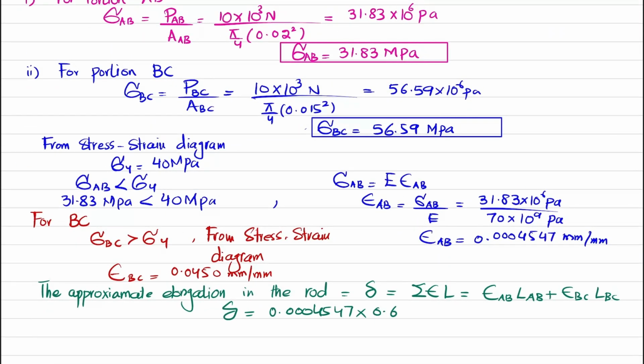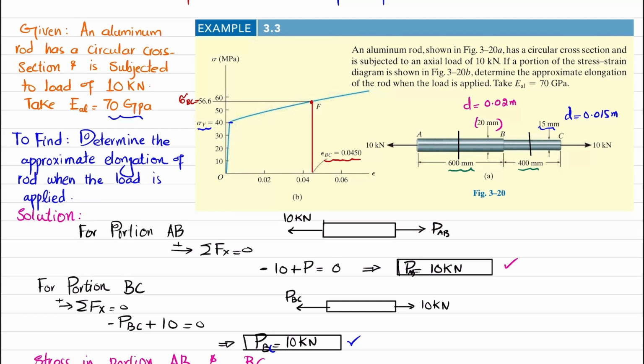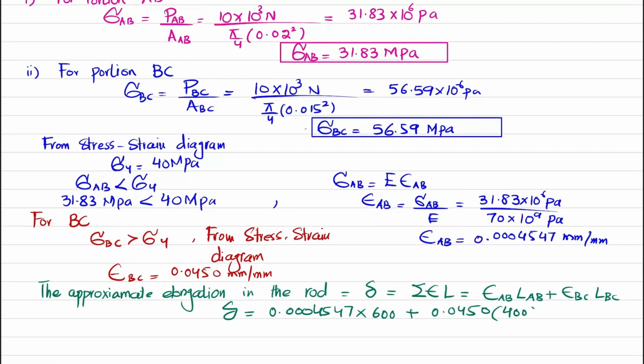You can also write in meter, but I will take here 600 millimeters. Plus epsilon BC, 0.0450, multiplied by length of BC, 400 millimeter. When you solve this, you will get total elongation in this rod when subjected to a load of 10 kilonewton as 18.3 millimeter, which is the answer of this question.